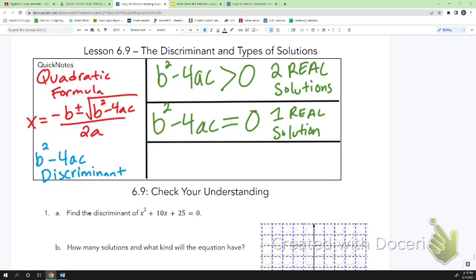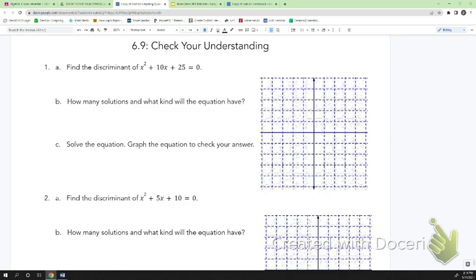Last scenario. When b squared minus 4ac was less than 0, what types of numbers are less than 0? Negatives. We got 2 imaginary solutions. So the discriminant, again, is b squared minus 4ac.